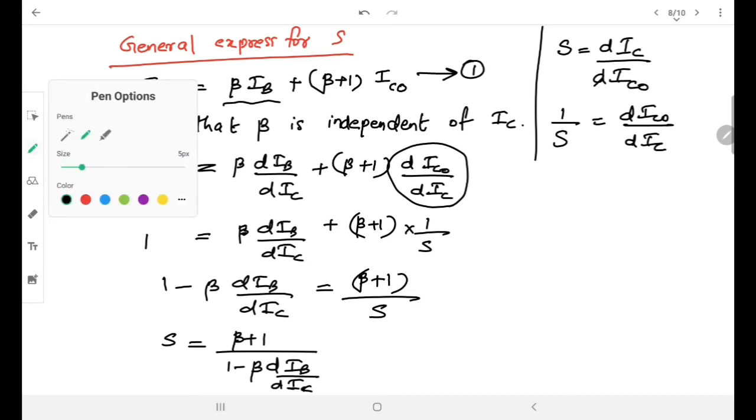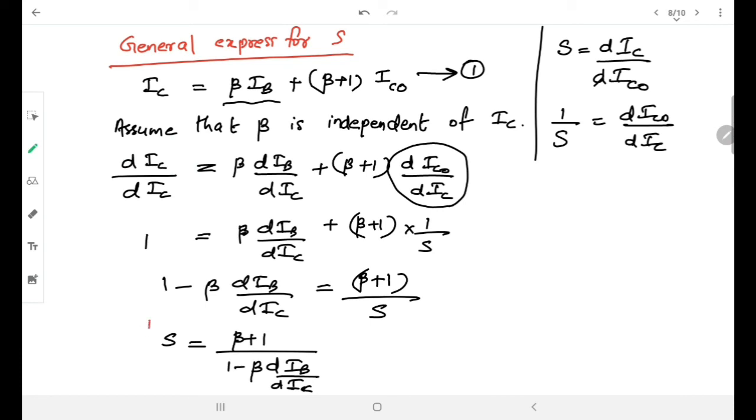This is the expression for stability factor in terms of beta, IC and IB. It is clear that the value of S depends on beta and the variation of IC with respect to IB.